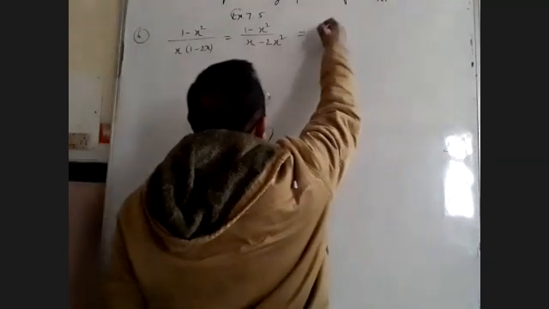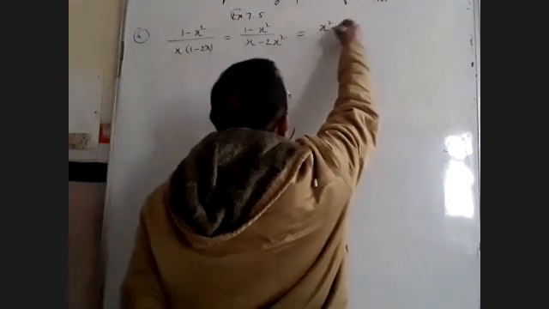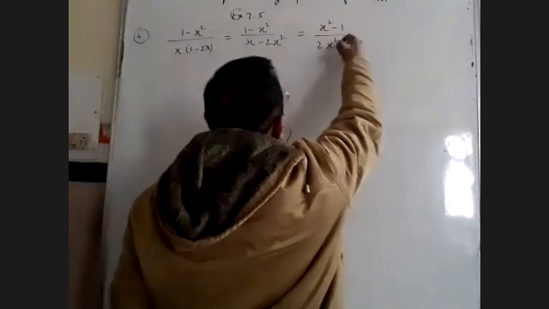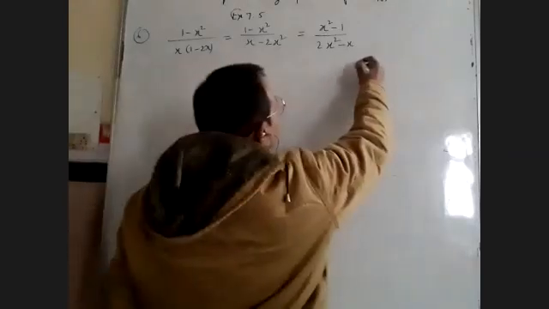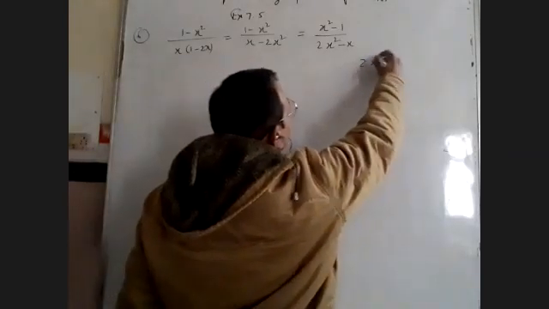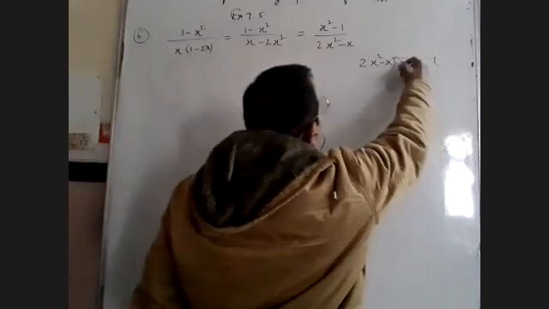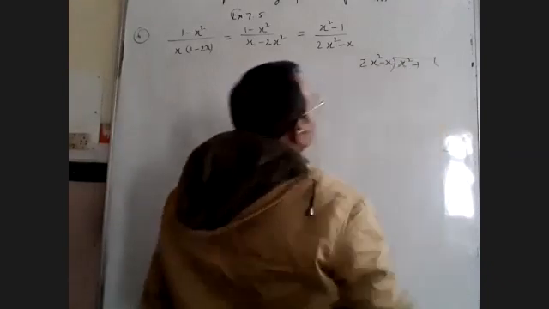Okay, we are taking minus common. In the numerator, you will get x square minus 1. Here you will get 2x square minus x. Now we will divide 2x square minus x into x square minus 1.